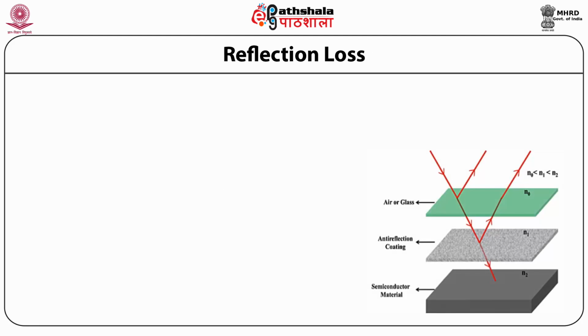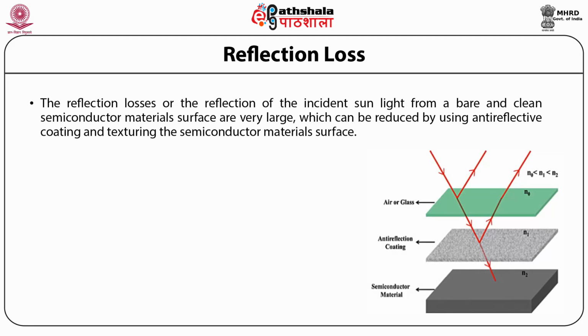Reflection loss. The reflection losses, or the reflection of the incident sunlight from a bare and clean semiconductor material's surface, are very large, which can be reduced by using anti-reflective coating and texturing the semiconductor material's surface.